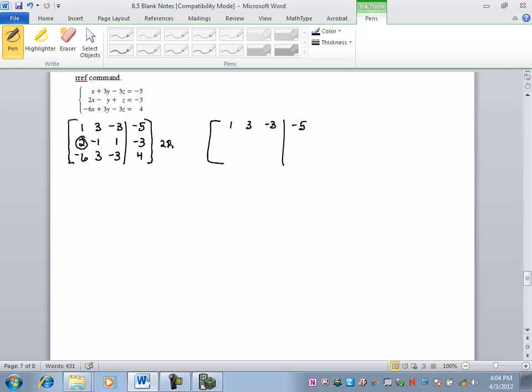Then -2 times row 1, plus row 2, is going to give me my new row 2. -2 times 1 is -2, plus 2 is 0. -2 times 3 is -6, minus 1 is -7. -2 times -3 is 6, plus 1 is 7. -2 times -5 is 10, minus 3 is 7.